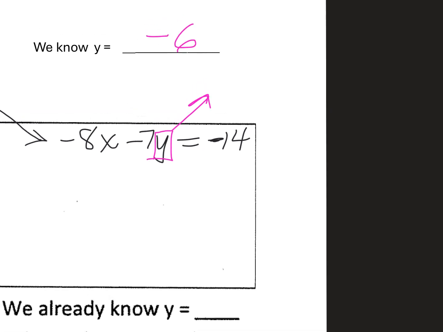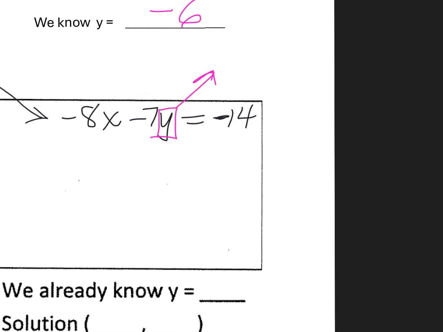And I take the extra step of rewriting everything exactly the same way. -8x, I'm going to write -8x. Then I notice I've got a subtraction symbol, and a 7, right? Equals -14. So I rewrite everything exactly the same way that it was. Then I just put in that -6.